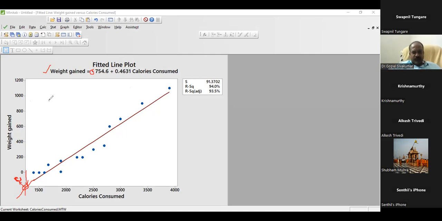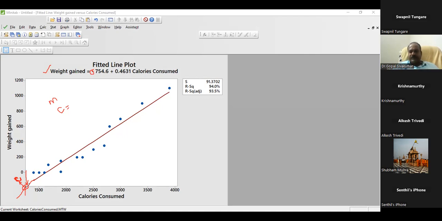For that, you require the value of M, you require the value of C. How to get the value of C? Extend the line. See where it is crossing your y-axis. If you all have a graph sheet, I think we have suggested all of you to buy a graph sheet, isn't it? You can try this yourself.